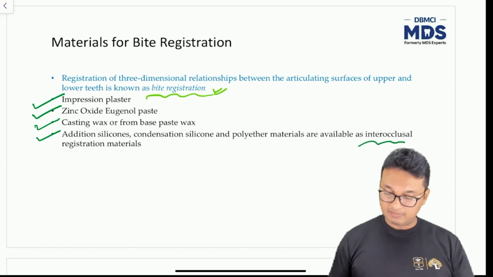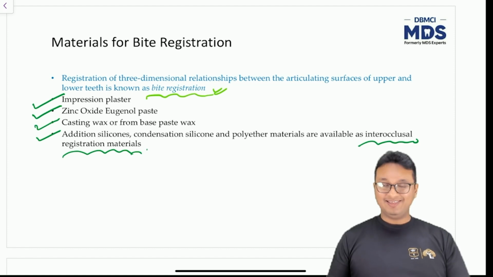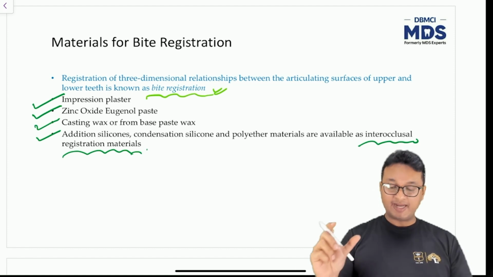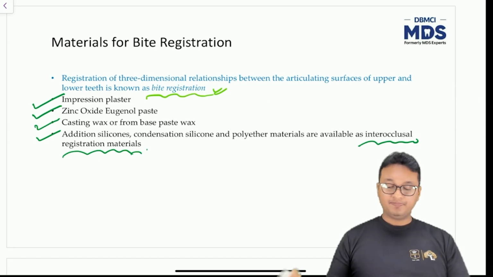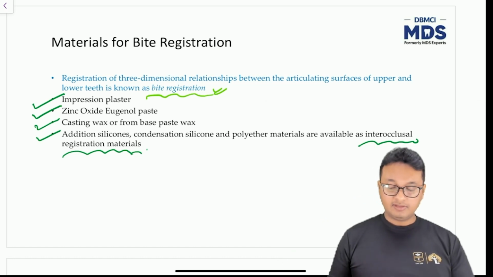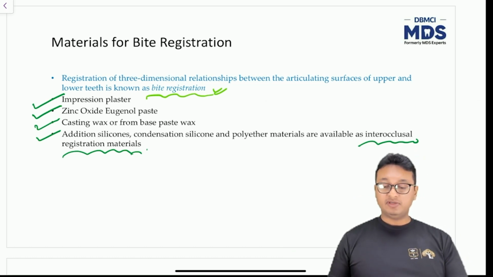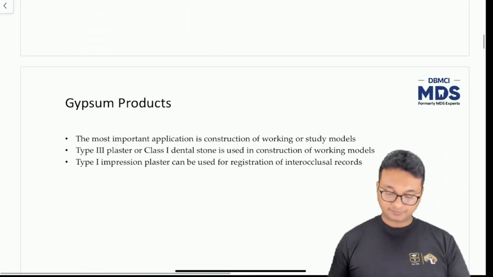They are specifically marketed as interocclusal registration materials, and this bite registration is required in the maximum number of aligner cases, even for fabrication of myofunctional appliances on an articulated dental cast, right? So for that purpose, we need materials for bite registration in clinical practice.